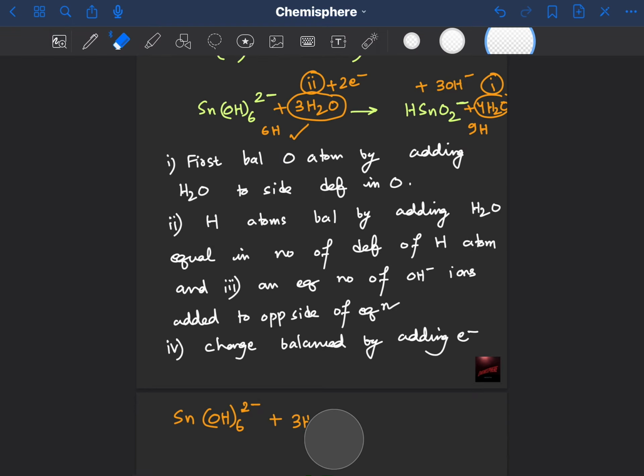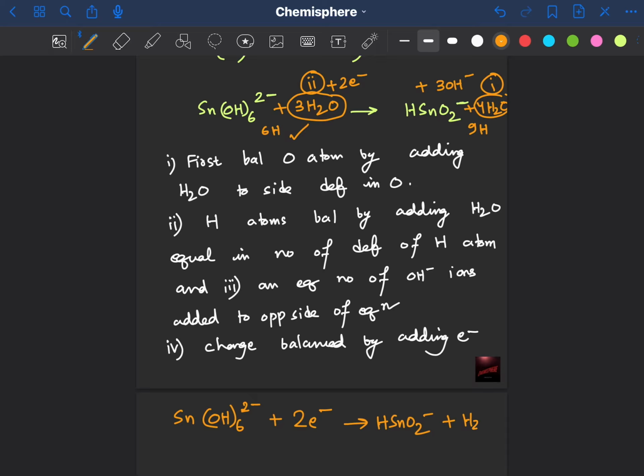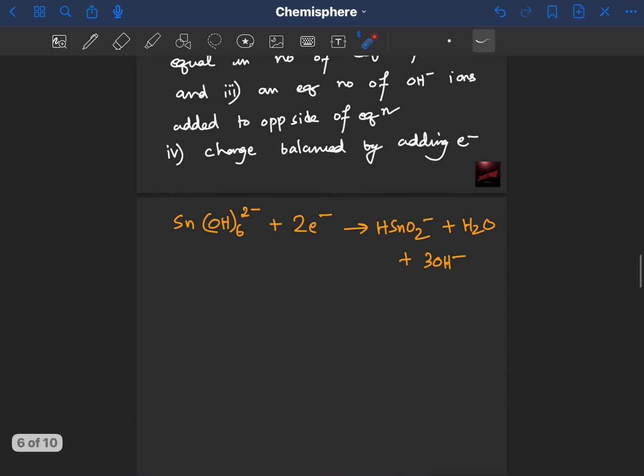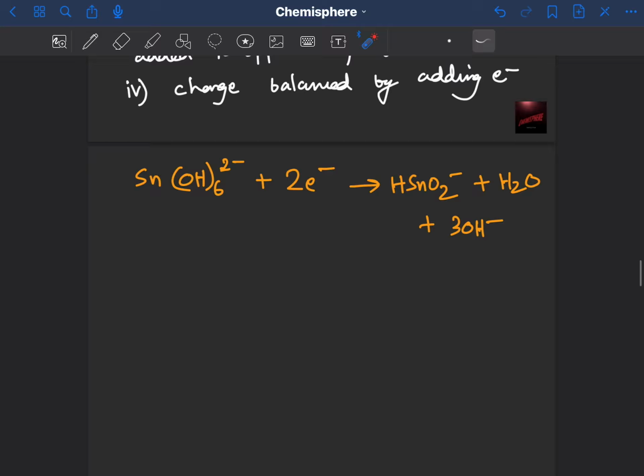So I can remove this, so I can write 2 electrons and HSnO2 minus plus H2O plus 3OH minus. So this is the final balanced chemical equation. Okay, so here we had 3H2O, here we have 4H2O. So overall we have 1 H2O on the product side. Okay, so this is the final half cell reduction equation.